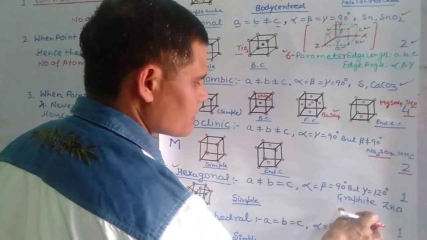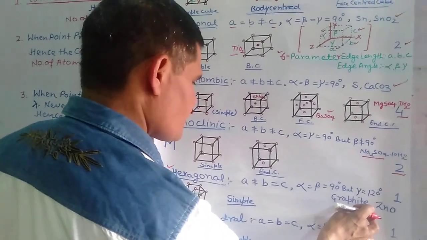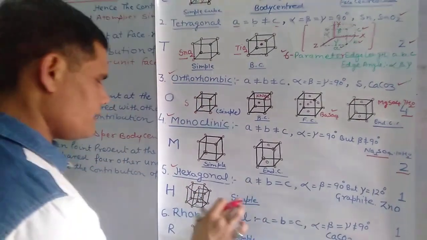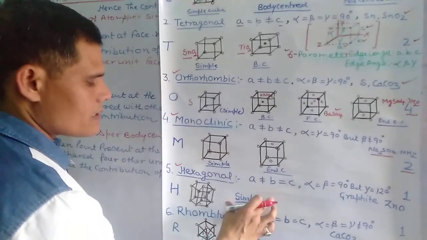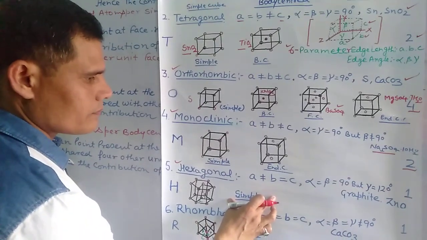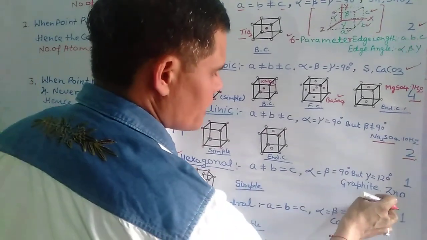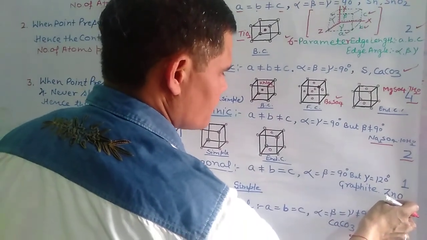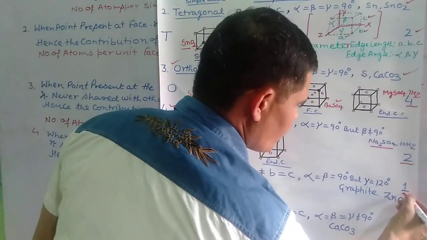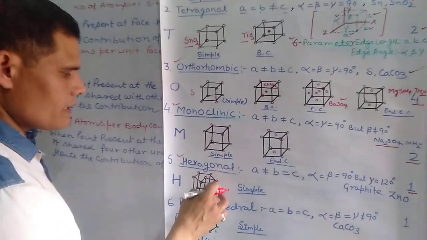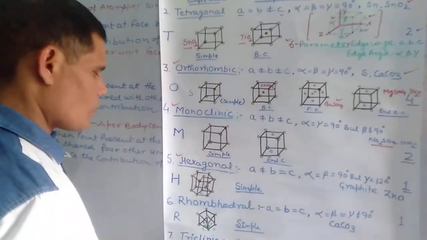The example is graphite. Graphite is present in hexagonal simple structure, and zinc oxide is another example. This is only one type, it means only simple hexagonal.